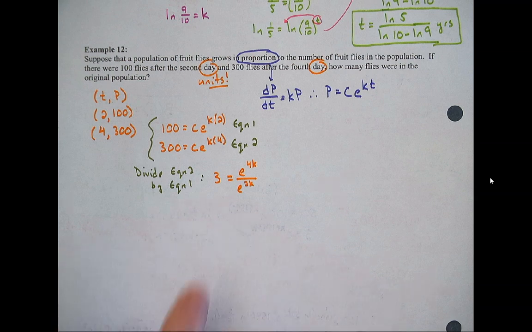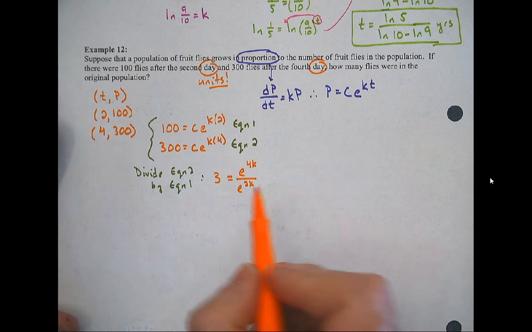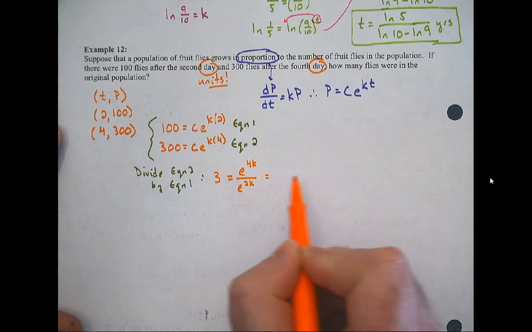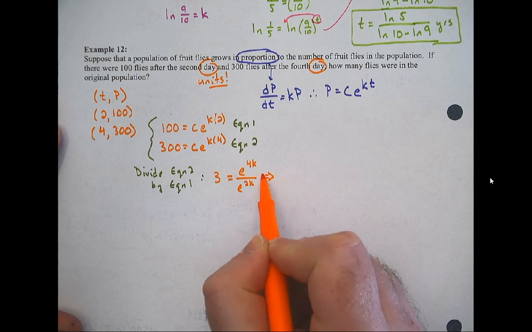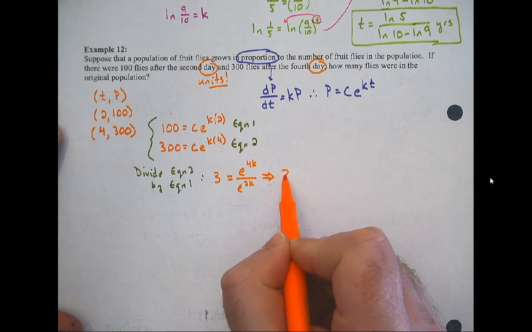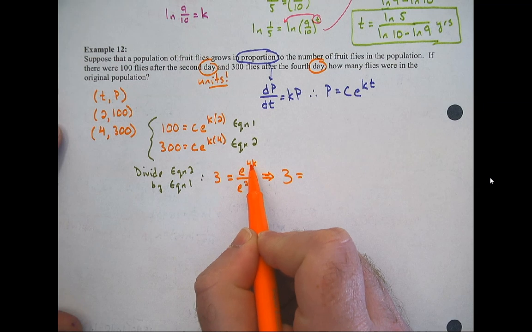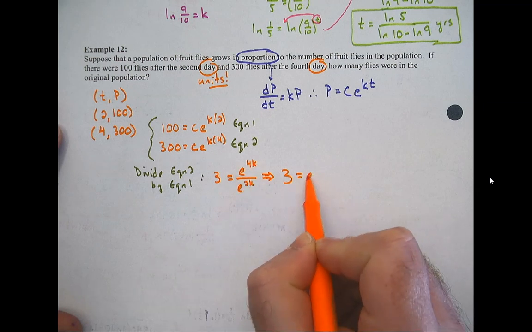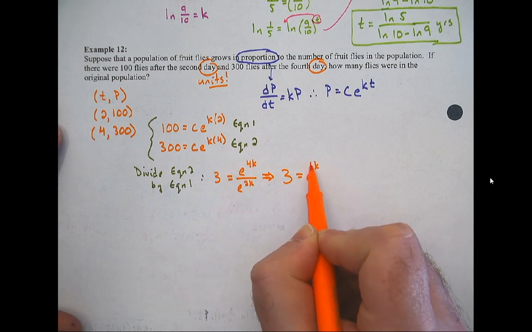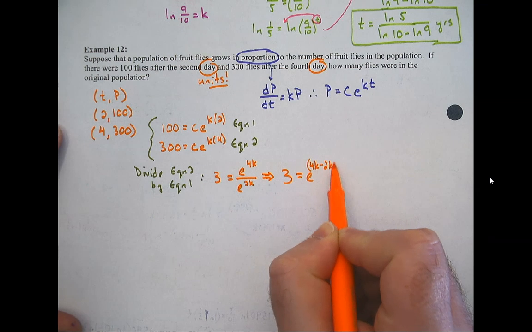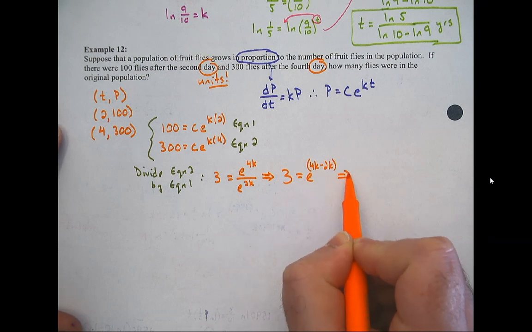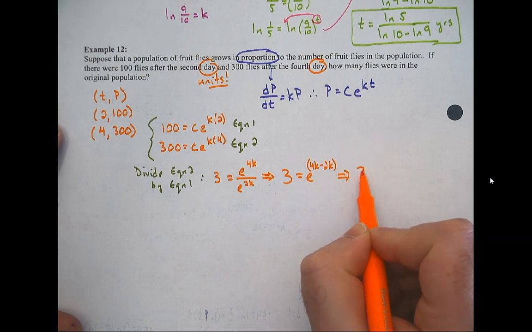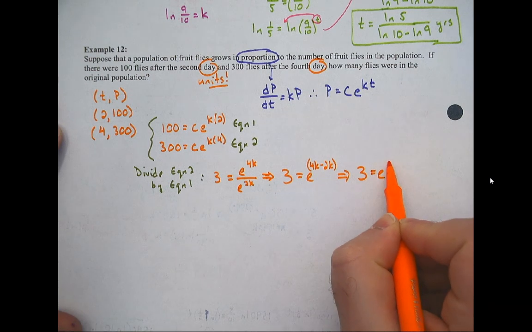Well, we have a common base here, which means that we can rewrite this as e to the 4k minus 2k, which implies 3 equals e to the 2k.